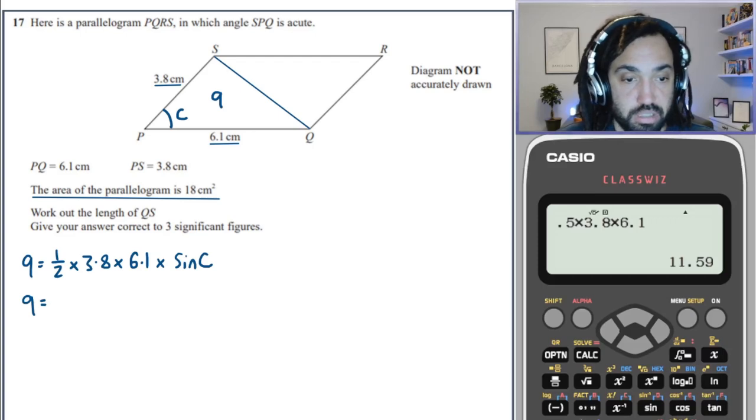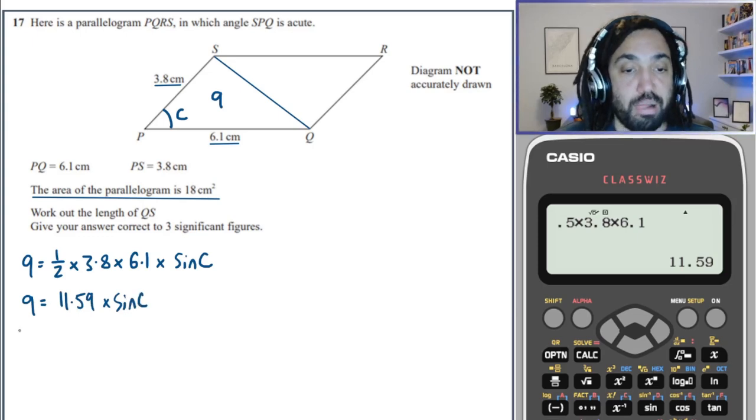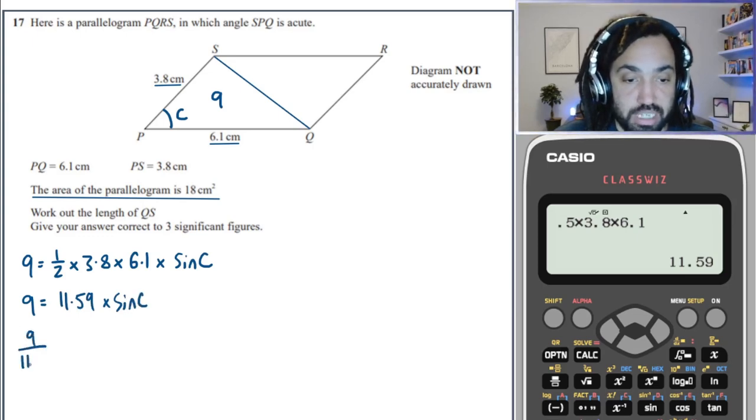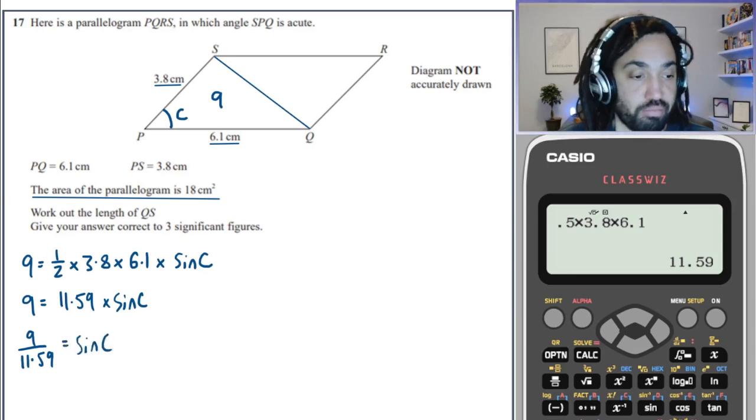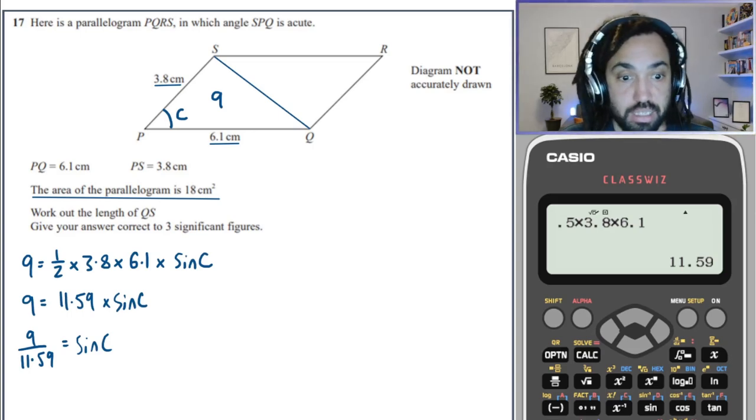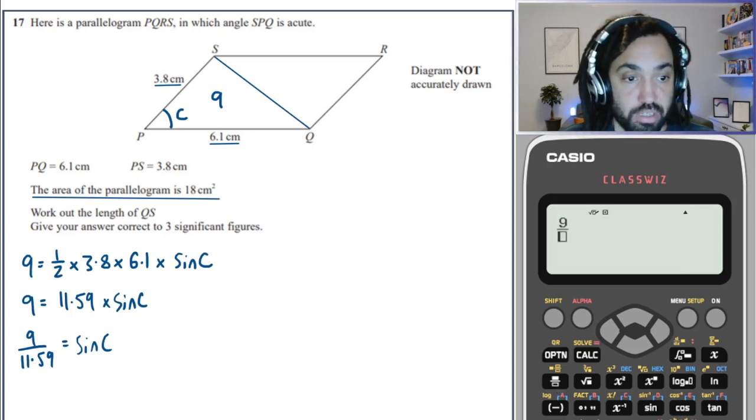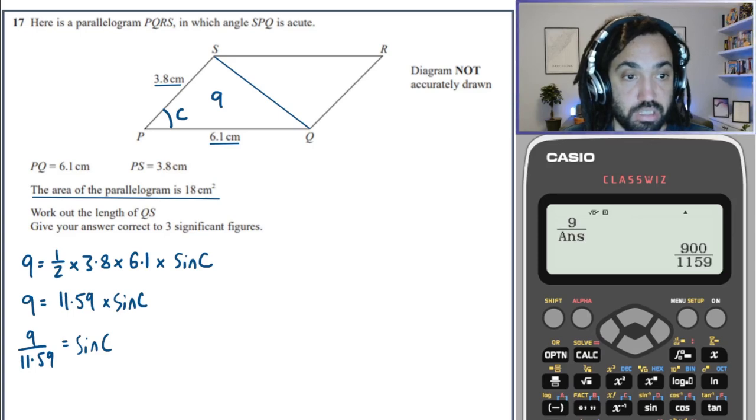Okay, great. So let's just do some calculating here. Multiplying those three things together gives us 11.59 times sine of C. Then dividing by 11.59 will give us sine of C, and this will be 9 over that previous answer.